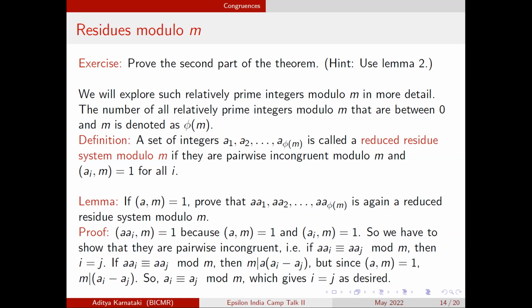And ai is congruent to aj mod m. But to begin with, this was a reduced residue system before you multiplied by a. So if ai is congruent to aj mod m, that means i has to be equal to j. Makes sense so far? So you have a reduced residue system, you take another relatively prime thing, multiply, you still get one. That's the statement.